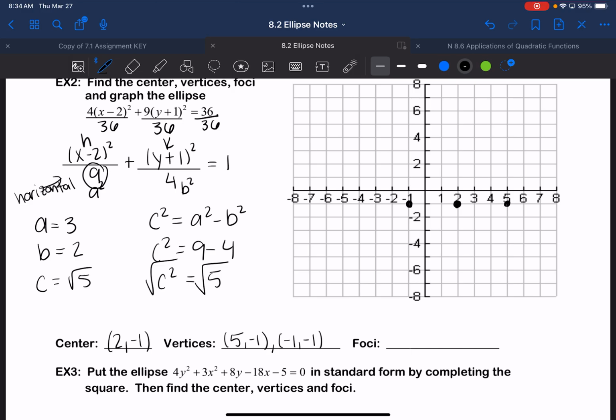Okay? All right, my other vertices come from my b values, and this time those run vertically, right? We said b was 2, so then I'm going to have a vertice here and here, right? So where are those points at?